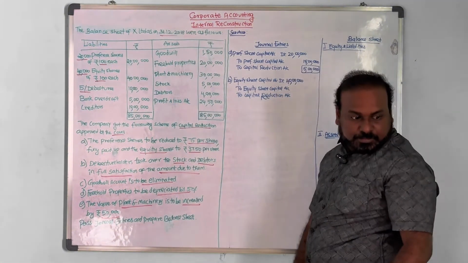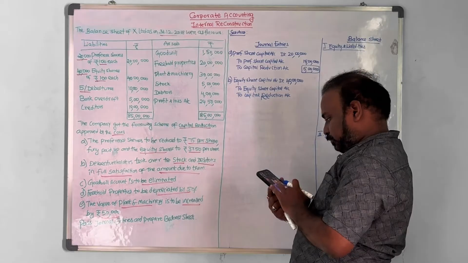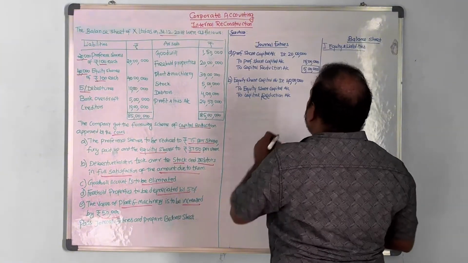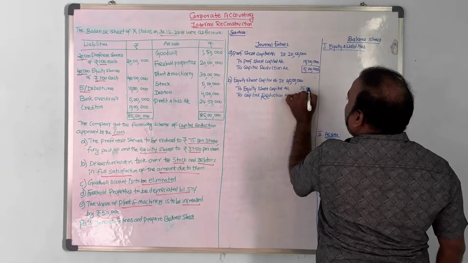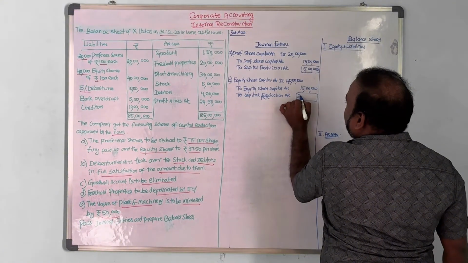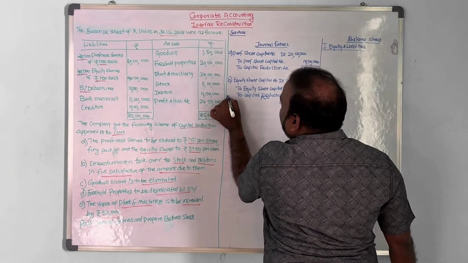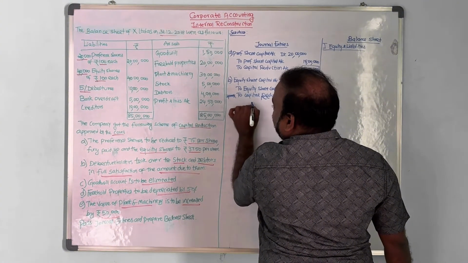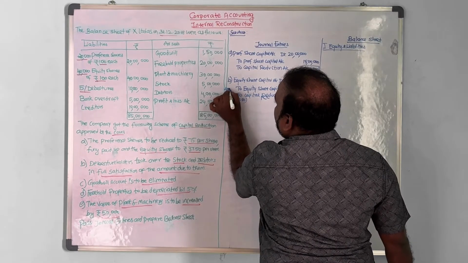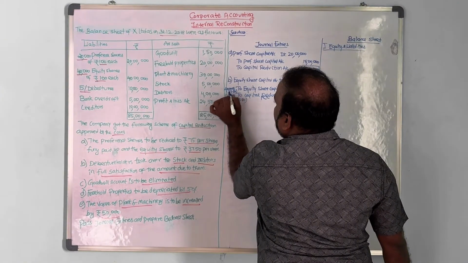We go with the calculation: 40,000 into 37.50 is 15 lakhs. Then the remaining is capital reduction: 40 lakhs minus 15 lakh is 25 lakh. That is 40,000 into 62.50.